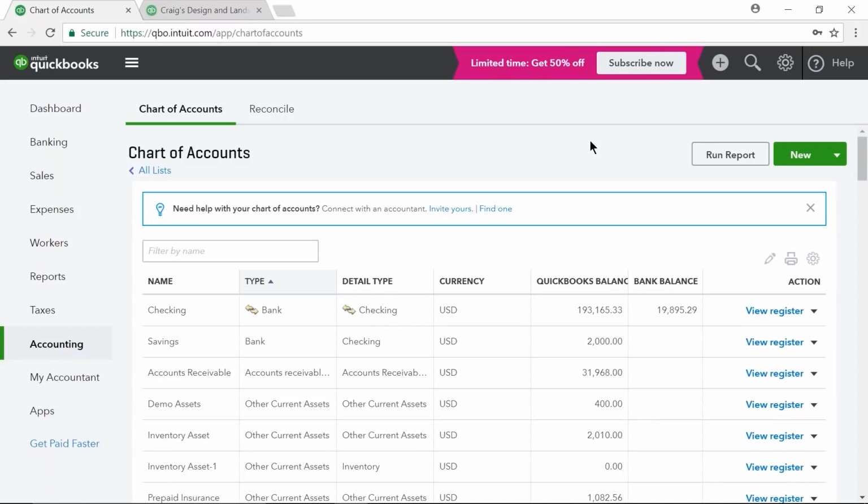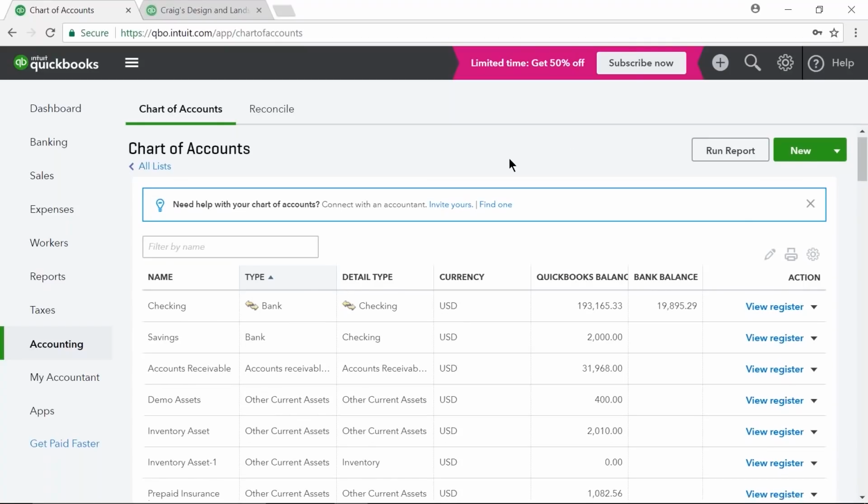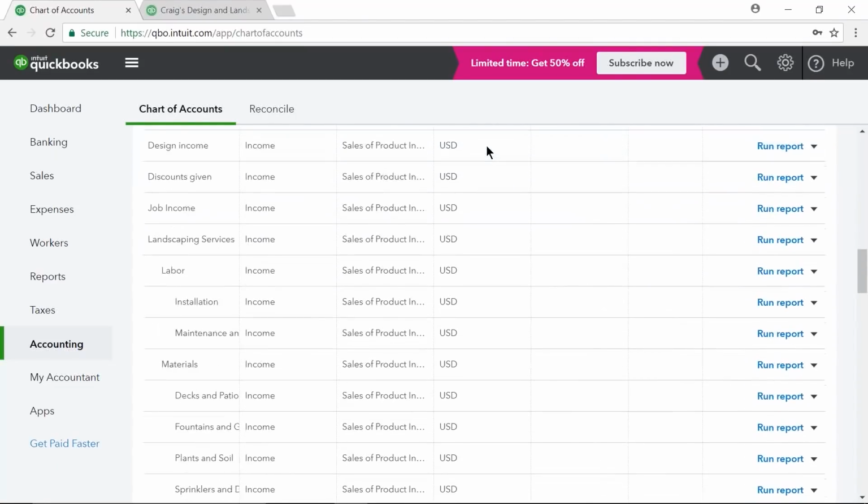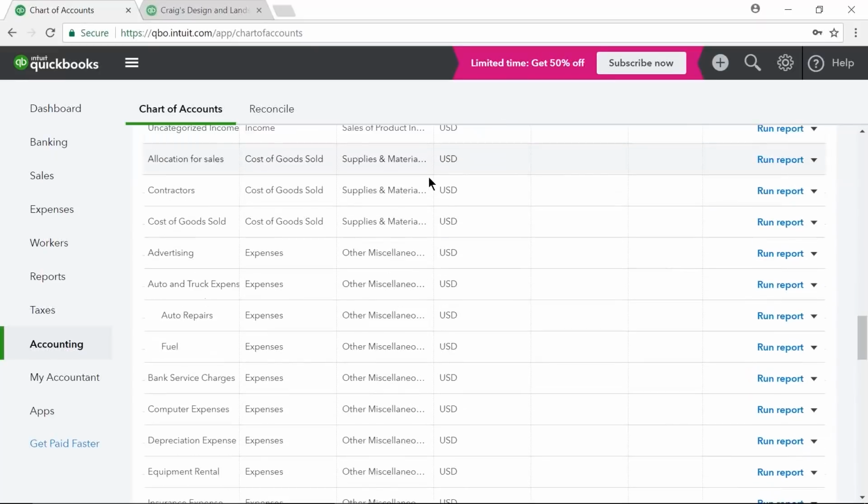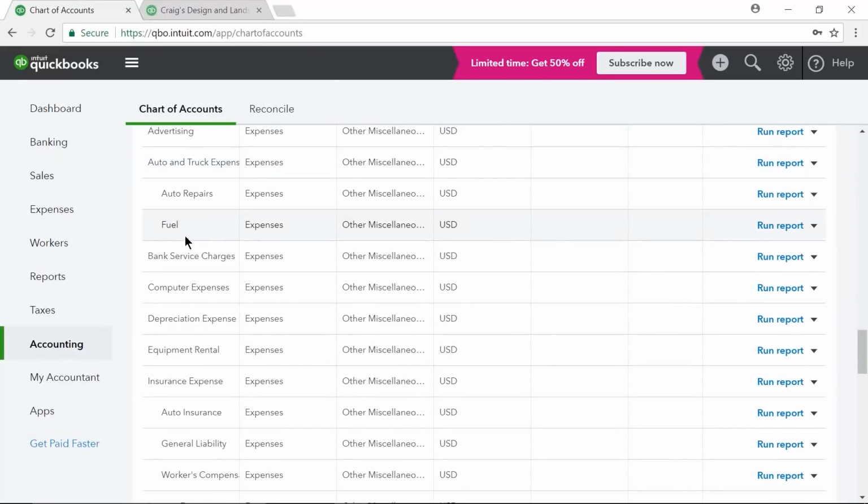Another good reason to set up an account is if you want to track a certain type of expense for tax purposes. So right here on this chart of accounts, for instance, we have a fuel account. And if I go down into my expenses area, we'll find that it's auto and truck expenses, fuel. Now we have this set up as an individual account because whenever it comes time to file taxes, we want to be able to see how much money we've spent on fuel over the course of the year.